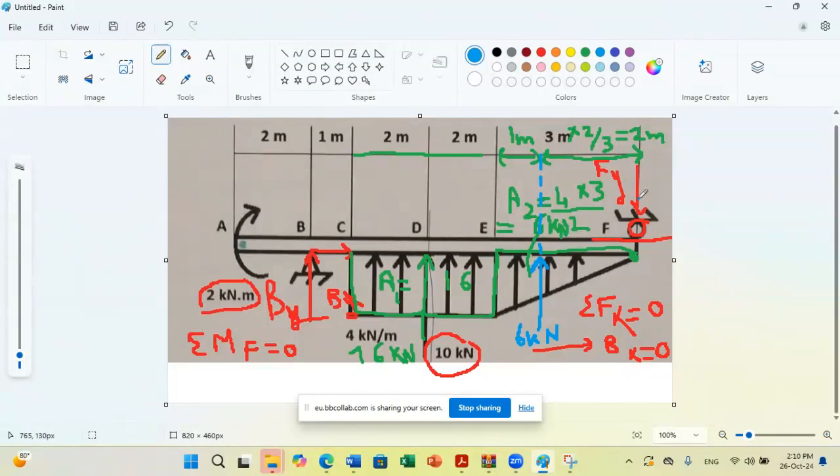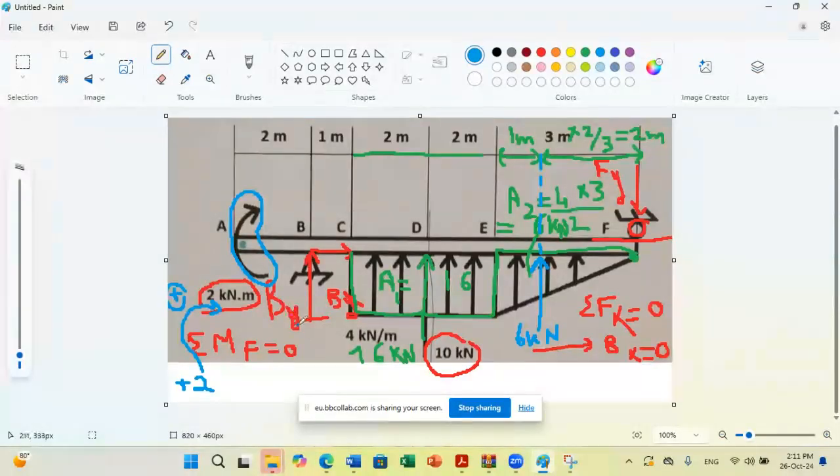Now I am ready to get my external reactions. If I do sum of moments about F equal to 0, I should take a positive direction. If I consider clockwise as positive, I have first, when I do sum of moments, a couple moment is a free vector. I should account for it at any point when I do sum of moments about any point. So I have first the couple, 2 kilonewton meter, plus 2.